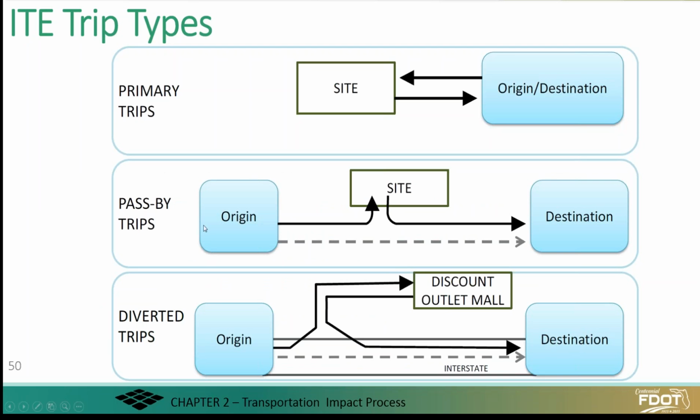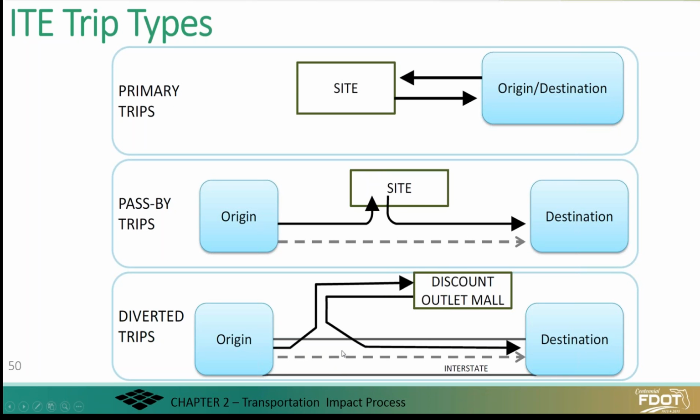In this case, a person is going to work, this is their home, they stop for donuts, and then they head on to work, and that's called a pass-by trip. So a certain amount of this site development's trips are not new.